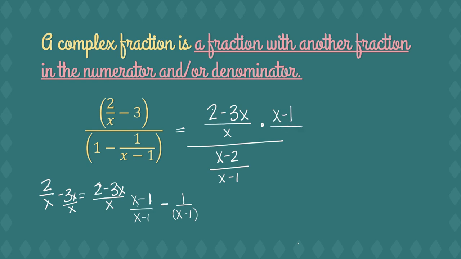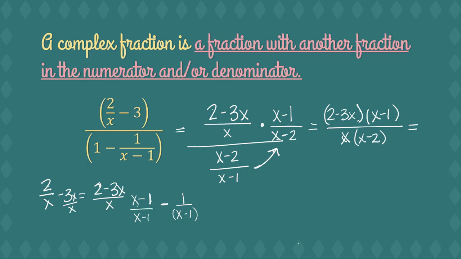So x minus 1 over x minus 2. And then I'm just going to multiply the numerators. So 2 minus 3x times x minus 1 over x times x minus 2.